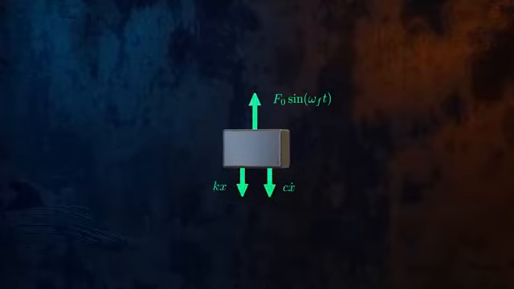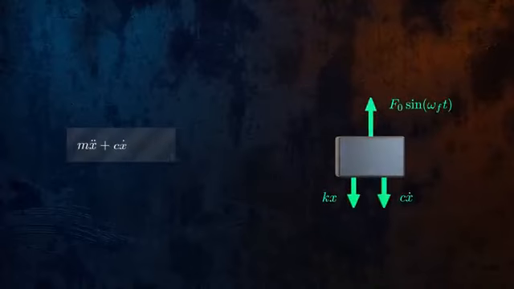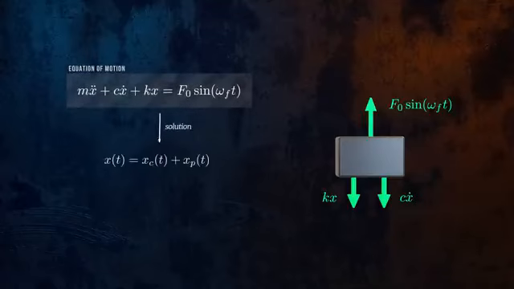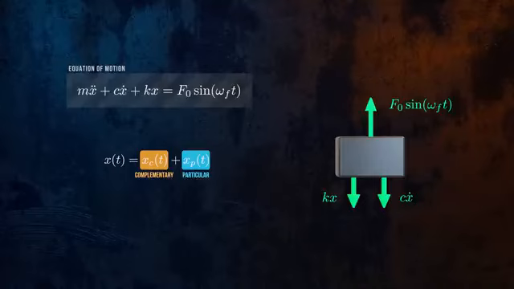The resulting equation of motion is similar to the free vibration case, but is a non-homogeneous differential equation. Its solution is the sum of two functions, a complementary solution and a particular solution. The complementary solution is the solution to the homogeneous form of the equation, where the right-hand side is equal to 0.